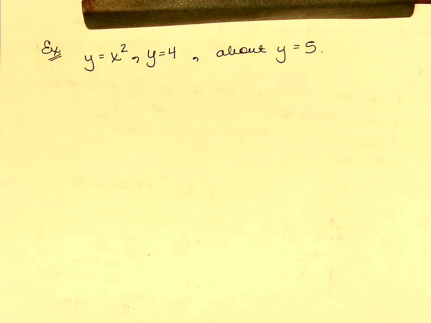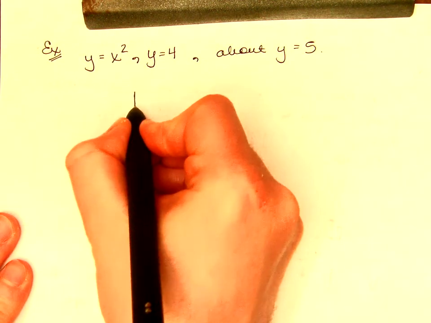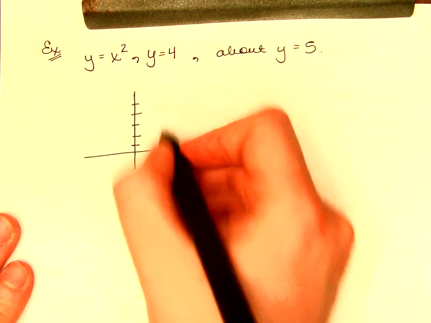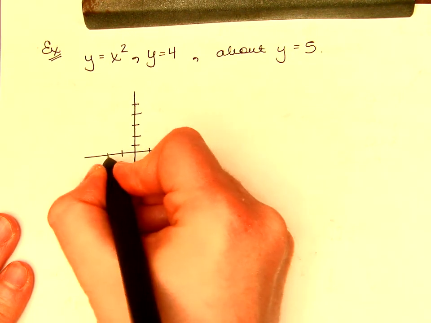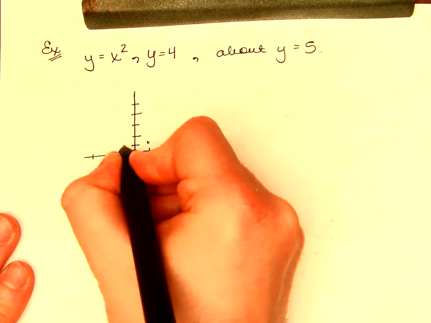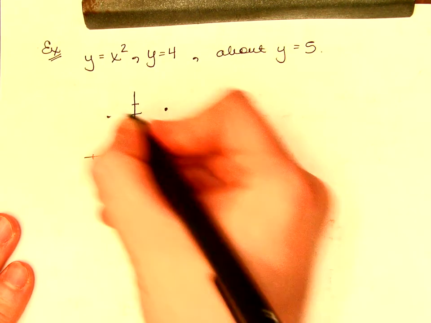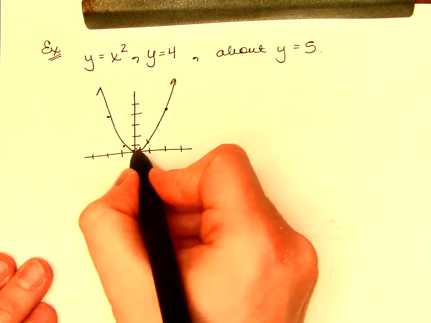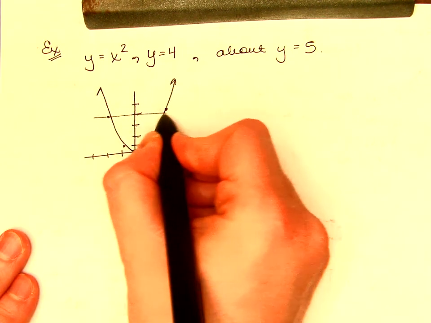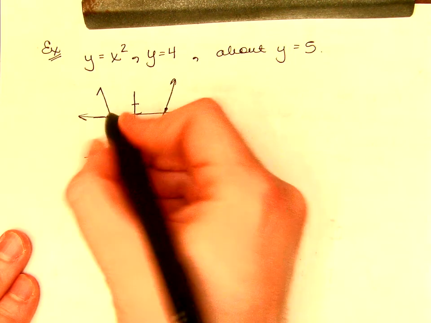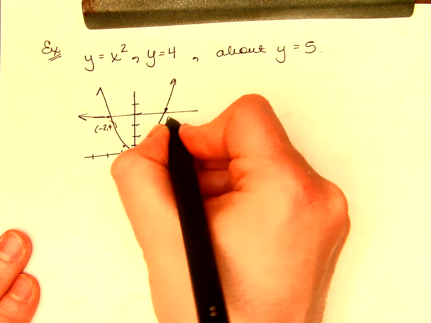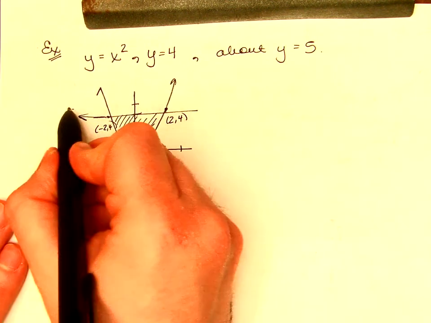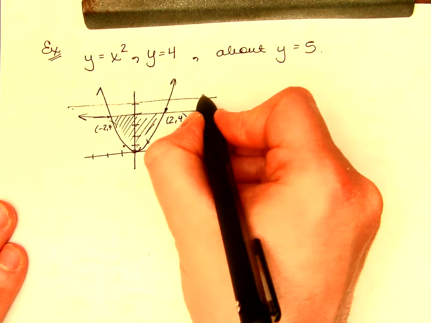So take a moment, again, pause the video, graph your region. This thing around y equals 5, so about that line over there.